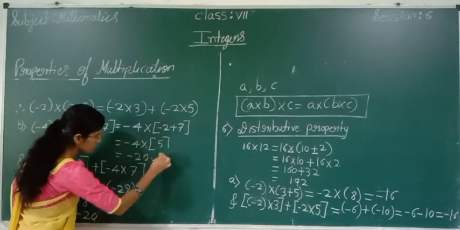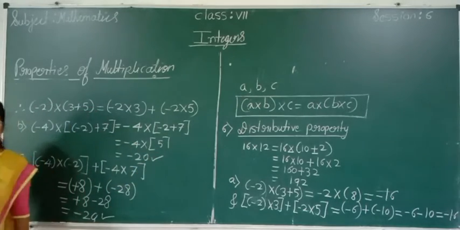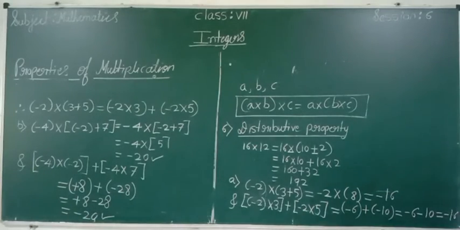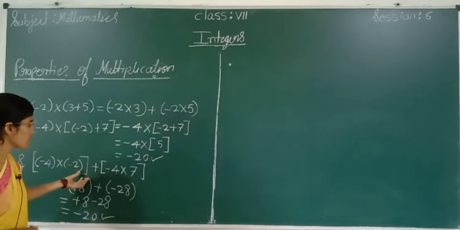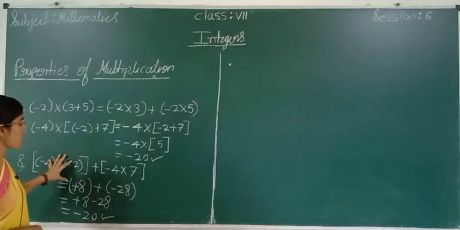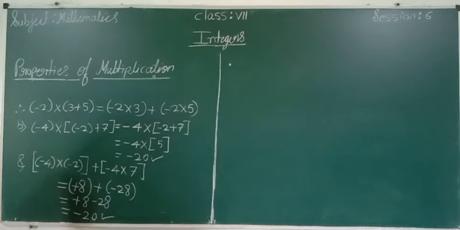See here, both answers are the same. What can we say from here? We can tell that the distributive property holds for integers also. Yes or no?